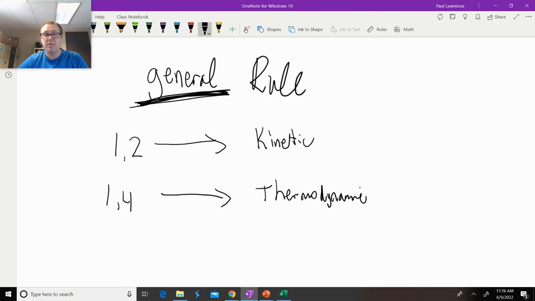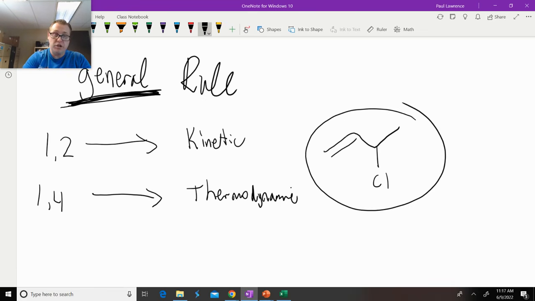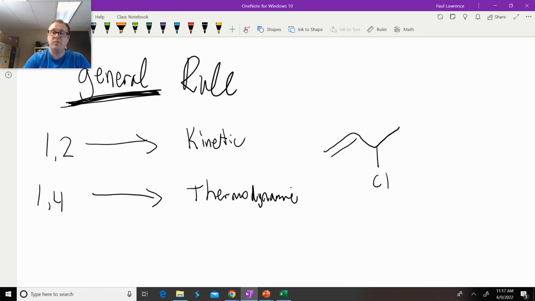There are going to be some exceptions to that, which we will discuss in class. But generally speaking, the 1,2 product is the kinetic, the 1,4 is the thermodynamic product. So if you just see a molecule like this, you can look at that and see that that is a 1,2, so you can assume that that is the kinetic product.